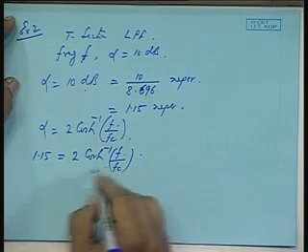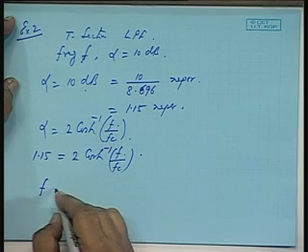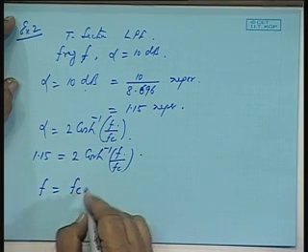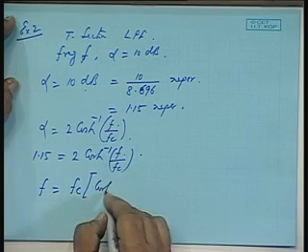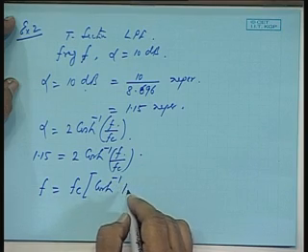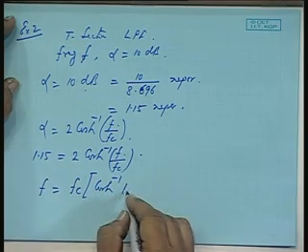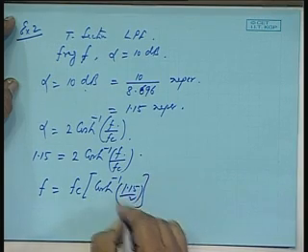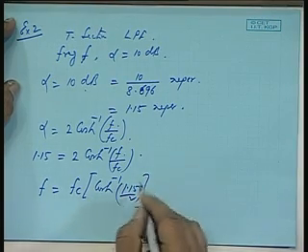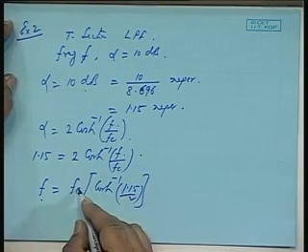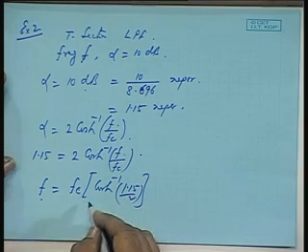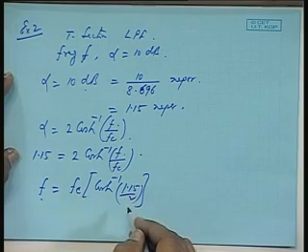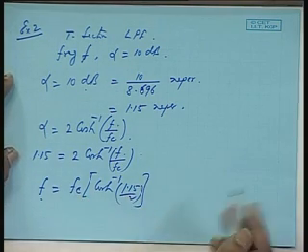So, from here you can see f will be Fc into cos inverse 1.15 by 2. So, this is a relationship between f and Fc at this value of alpha.